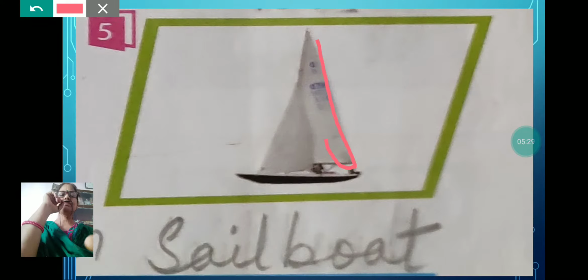But nowadays a modified way of sailboat is available, and here in Patna, near Ganga Bridge, you will see people have put in a motor and generator. They switch on the generator and the motor works, and in whichever direction they want, they can move this sailboat.